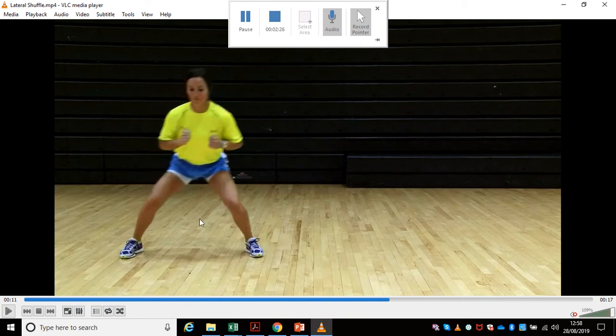So in this case, we have one limb generating forces through the lower limb muscles, and trying to drive the whole body in the opposite direction. So this is the second phase of the movement.